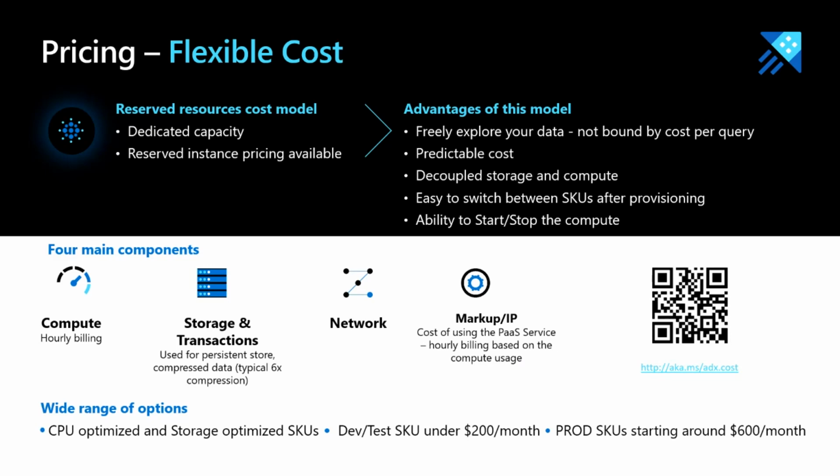So for example, you can take a storage optimized SKU for caching lots of data, or a CPU optimized SKU for query heavy workloads, a dev test SKU which costs less than $200 per month. And recently, we've also introduced the option to start for free with a personal ADX cluster, and we're very happy to see how it is picking up within our community.